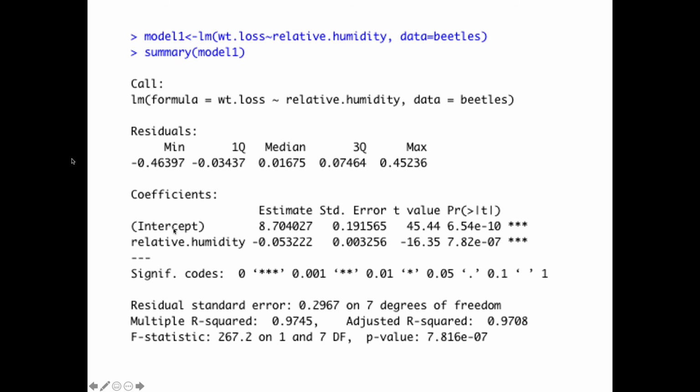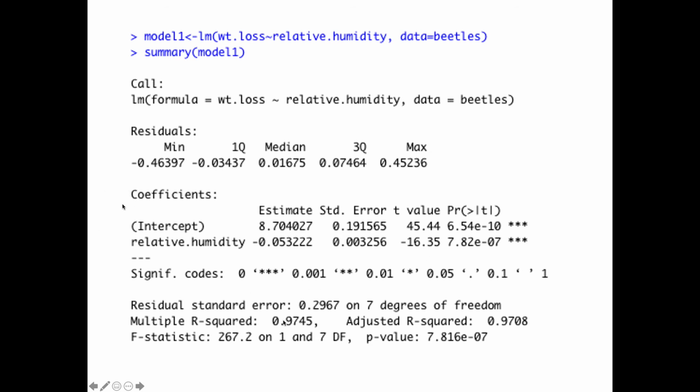So it gives you the intercept, which is 8.704, which is what we calculated a couple of slides ago. And it also gives you the slope value. How does relative humidity relate to weight loss? That's negative 0.053222. It gives you standard errors for these, and it also gives you the p-value for each of these. And once again, you can see that that's 7 times 10 to the negative 7th.